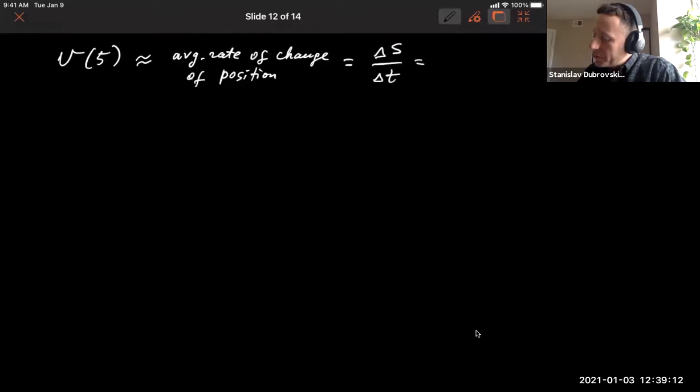So maybe then we should compare S of T plus some increment delta T minus S of T, where T is 5.